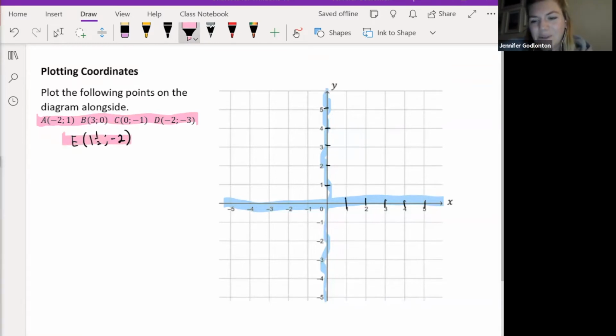And I'm just going to give you a little bit of time to do that. And then I'm going to plot them on this graph, and we are going to mark them together and see how you did. Let's see who can get 5 out of 5. So draw yourself your Cartesian plane, plot your 5 points. Let's see how we go. You can do this, my people. We are doing it. Let's go.